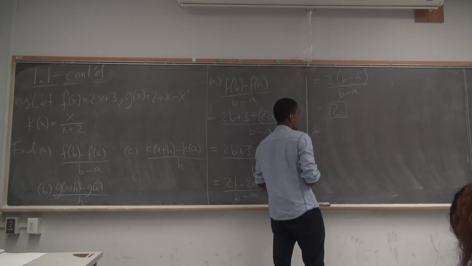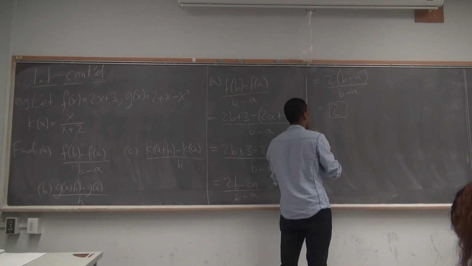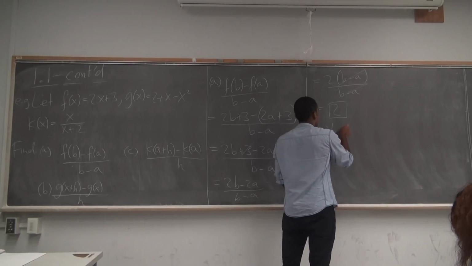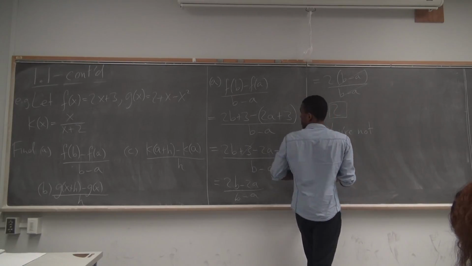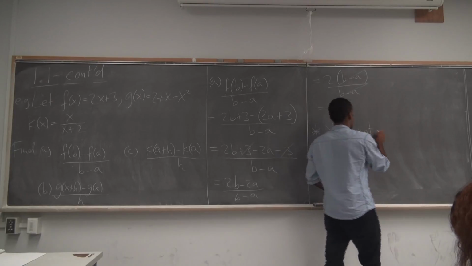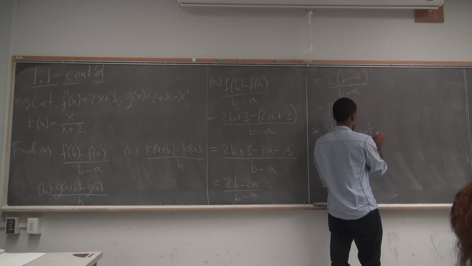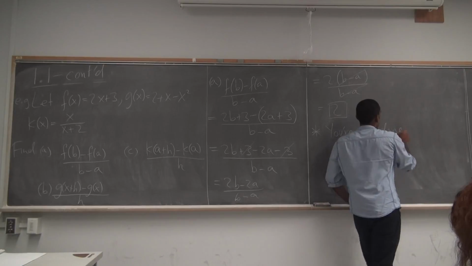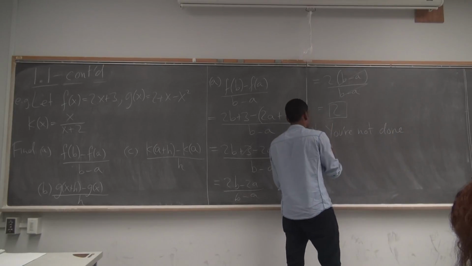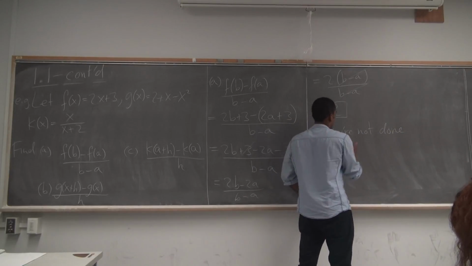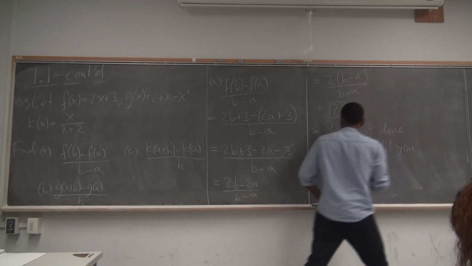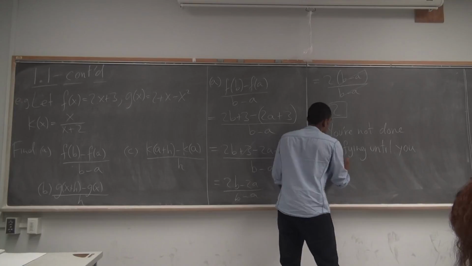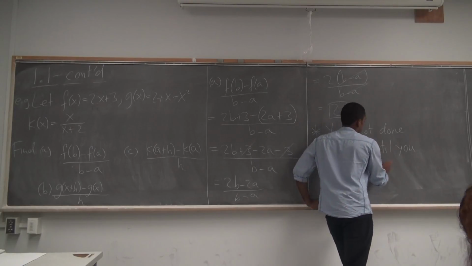One other thing that's important to remember here is that in 205 especially, some functions can be really ugly, but it's always going to be the case that you're not done simplifying until you cancel the original denominator.